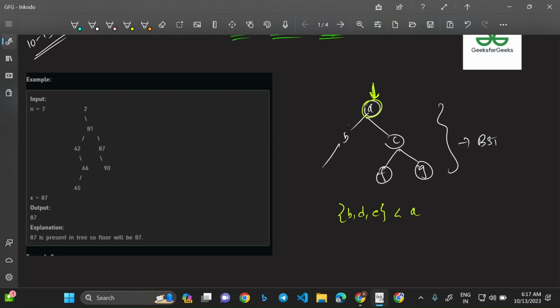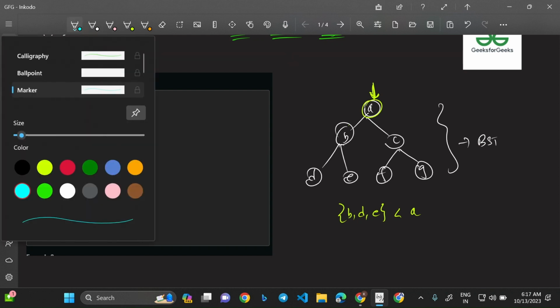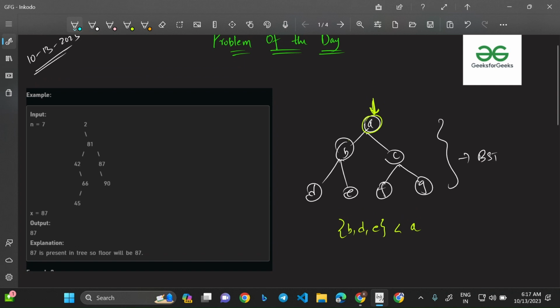This is B, this is D, this is E. And all of this to the right, C, F, G, must be greater than A. So this is in regards to A.